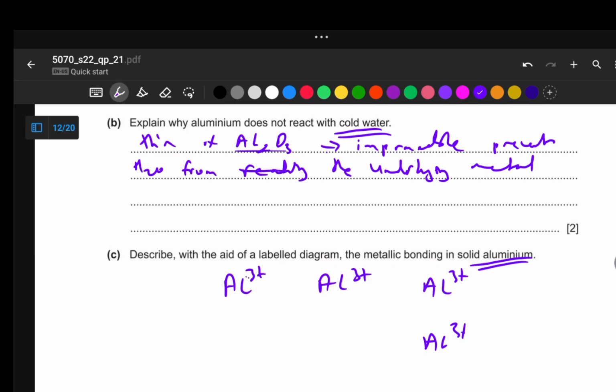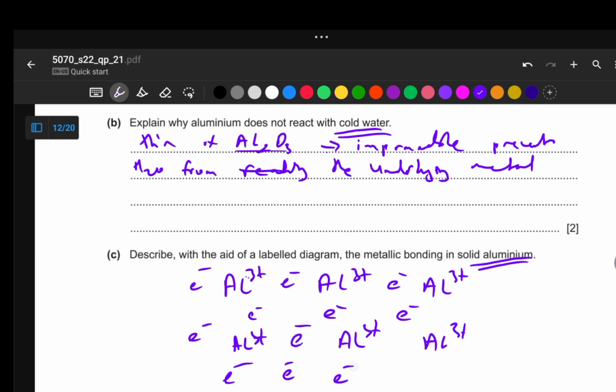It simply means it is going to lose 3 electrons. That's why we are having 3 plus. So here we are having electrons. You should indicate the charge for the electrons, right?